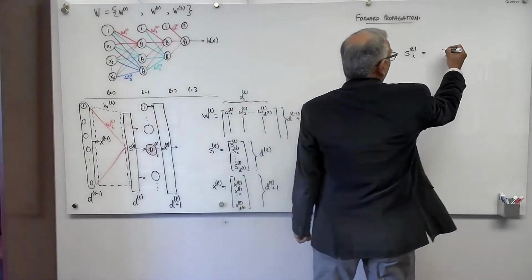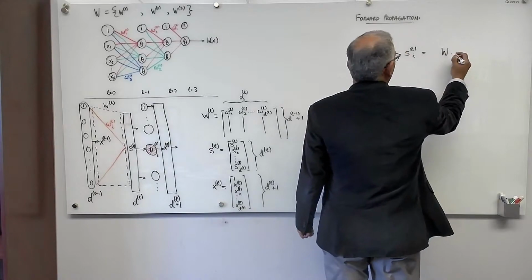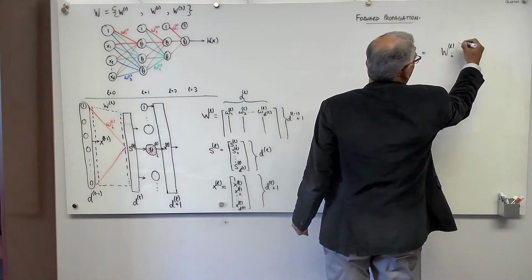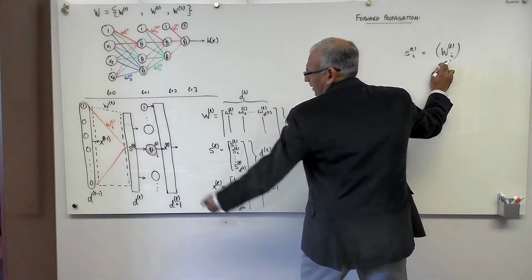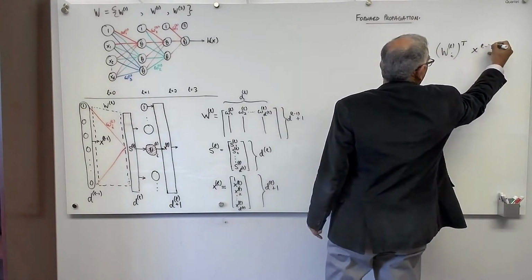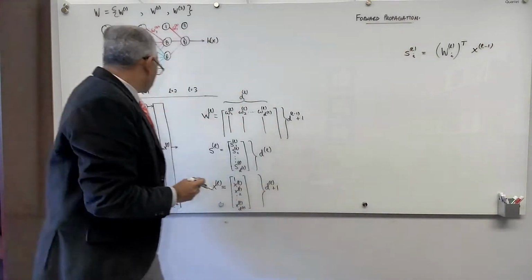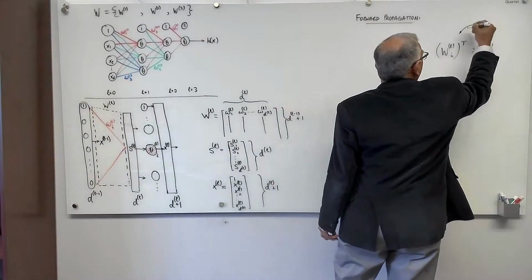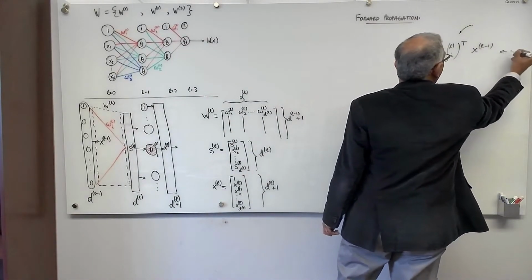So the weights are the ith column of the weight matrix, transposed, times X_(L-1), applied to the output of the previous layer. So this is just the linear signal.